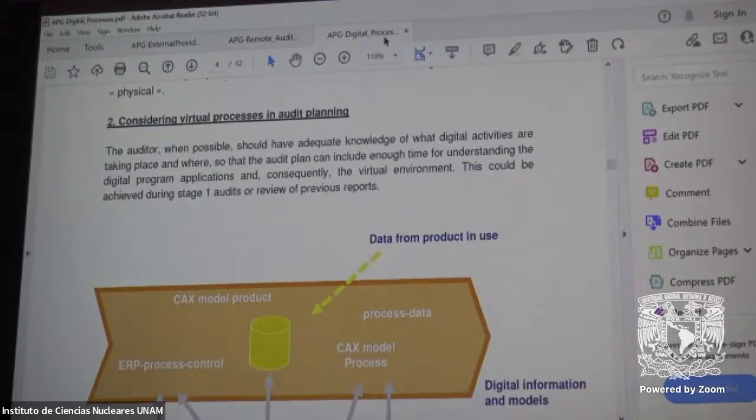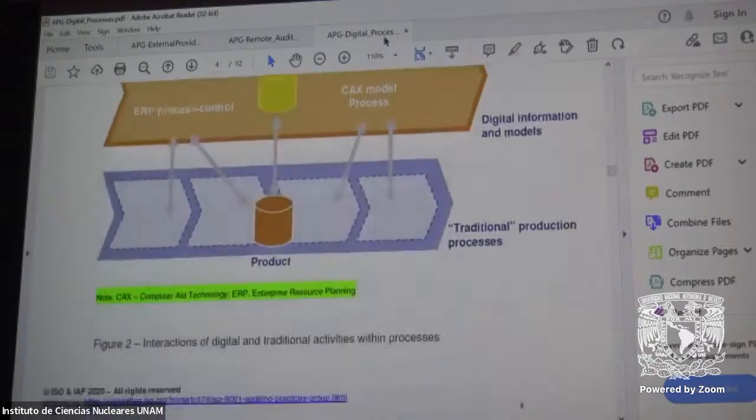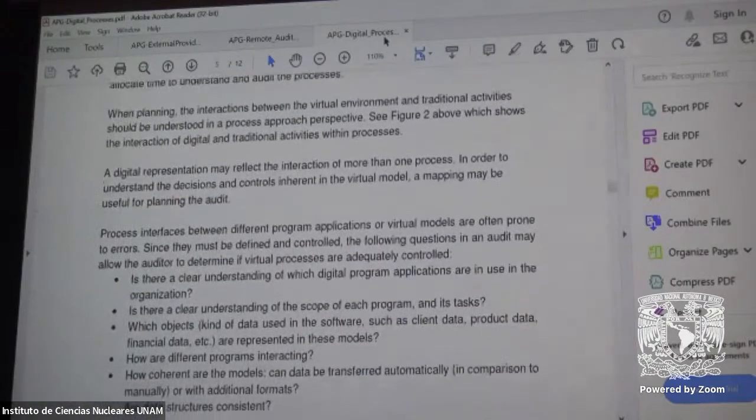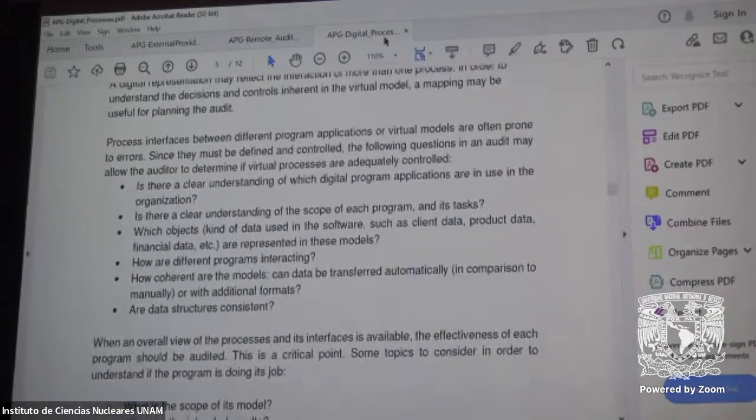But there's lots of additional useful advice in this guidance note about whether there is a clear understanding of what programs are being used, what applications are being used, how they interact. For me, that's slightly worrying.